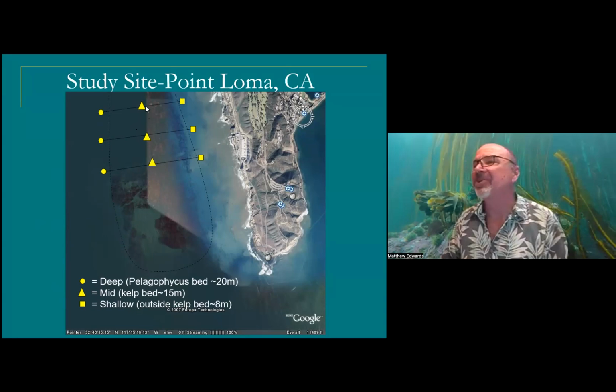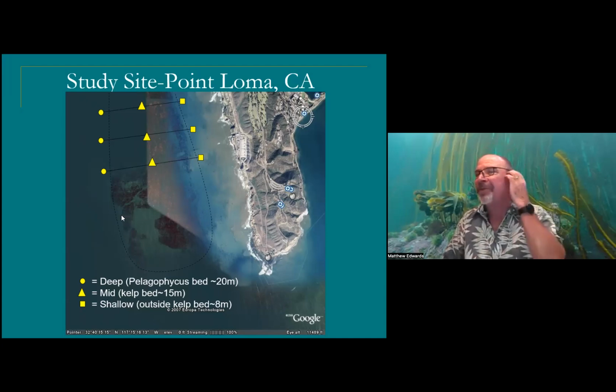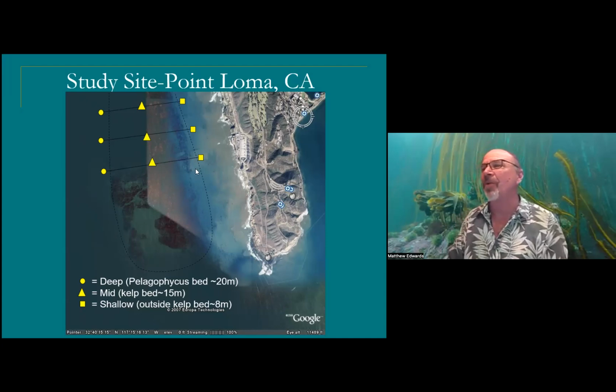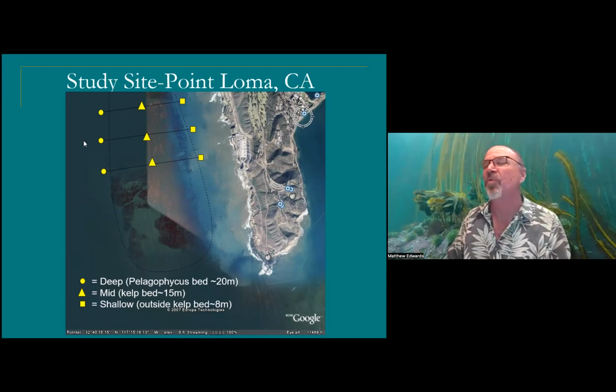We looked in the center of the kelp forest and in the shallows, getting into the Egregia forests. Now, one thing to note is that Pelagophycus does not occur in these shallower areas. Occasionally you'll see an individual, but its populations are really limited to where they form pretty dense forests, particularly subtidally or subsurface in the outer waters.